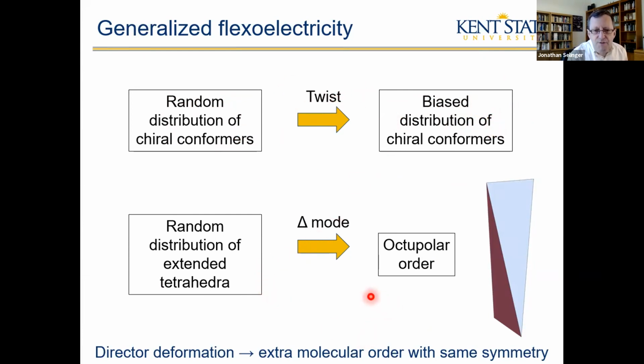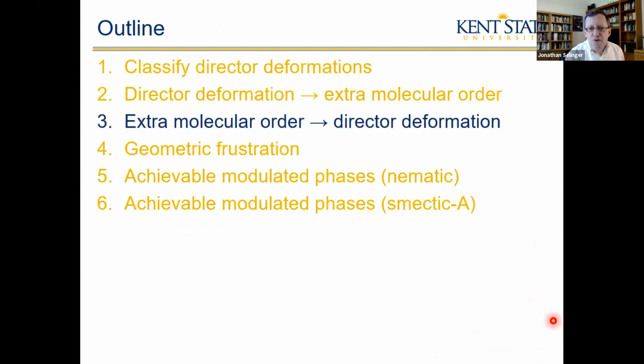Likewise, if you think about tetrahedral objects like this one, if you start with a uniaxial nematic phase of these kinds of objects and you apply the delta deformation, then you get a biased distribution. You get orientational order in which way these axes are lined up. That is some octupolar order inside the nematic phase. That's step two.